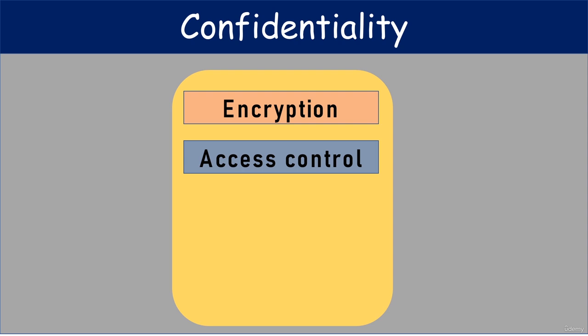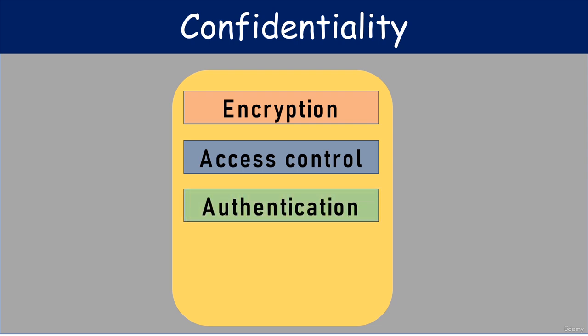So the next one that we have here is authentication. What is authentication? Authentication is a process that ensures and confirms a user's identity or the role that someone has. It can be done in a number of different ways, but it is usually based on a combination of something the person has, something the person knows, something the person is.